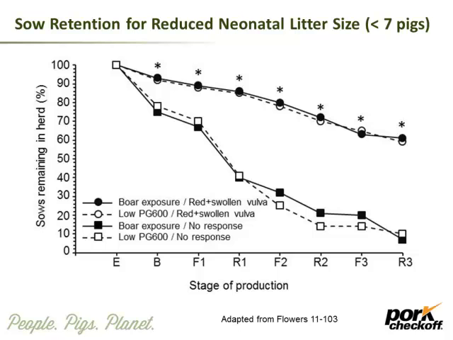He looked also at those gilts from larger litters to see if the same principle would hold true, and indeed it does. Those females that respond to either boar exposure or PG600 are shown here in these circles, and they are significantly different than those females that did not respond to those two treatments, regardless of the litter size that they were suckled in.